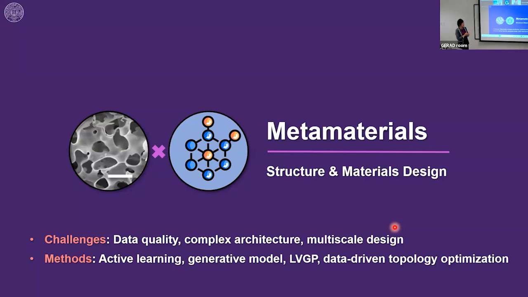So for the method, we are again using LVGP, and I'll show you this latent variable GP can play an important role in this kind of architecture design problem, because now we can treat the different types of architecture as a categorical variable in the machine learning. And then we're combining machine learning with topology optimization.